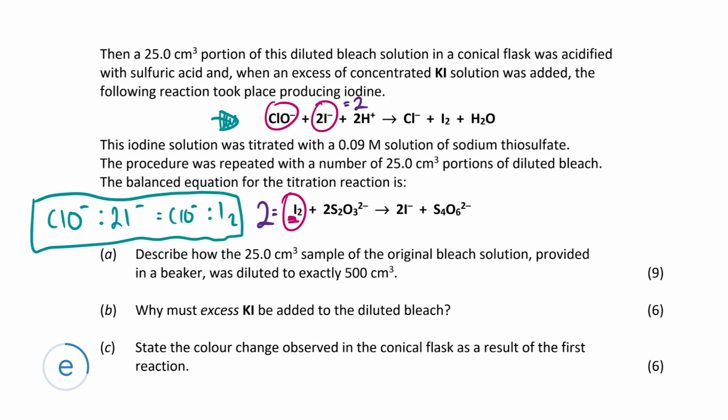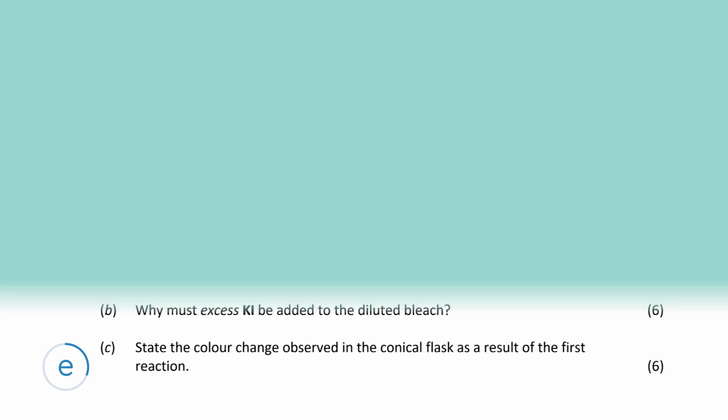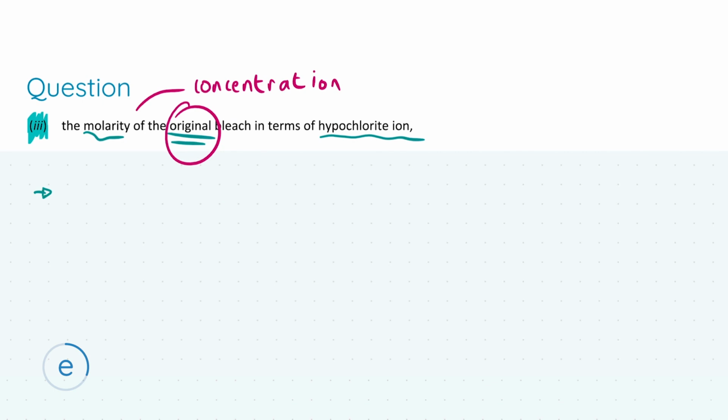The reason this is important is because in the last question we found the concentration of our iodine, this I2 over here. Because the two are now related to each other, and we have this formula in our box, we can find the amount of this ClO-, or hypochlorite ion, which is what we're being asked for. Going back to our question, we're going to write down everything that we found.